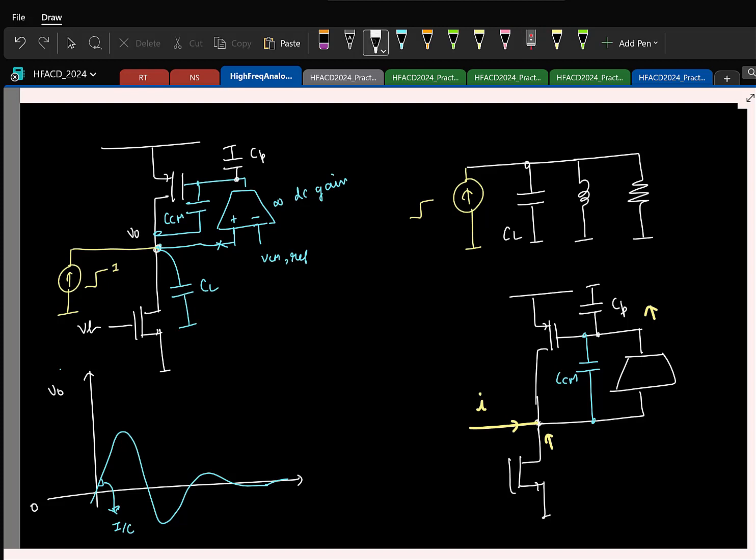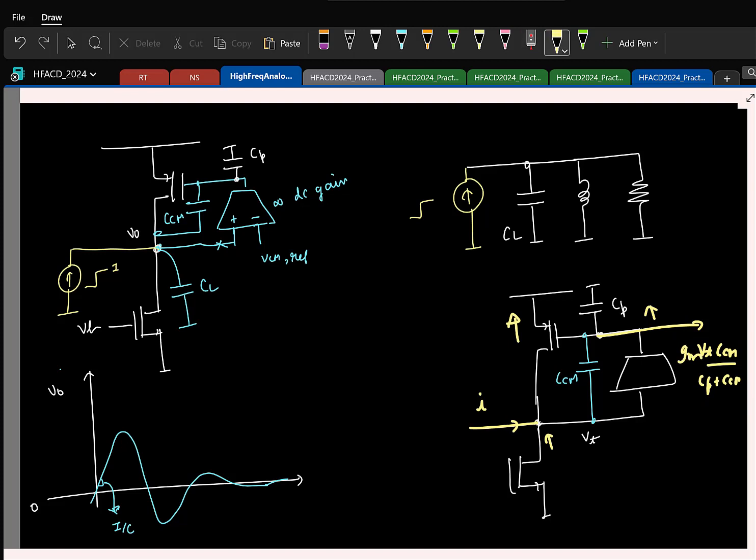In fact, if you find the resistance here, let us say this is some V test, what can you say about this voltage? V test times a capacitive division, CCM by Cp plus CCM. So what will be the incremental current? The gate voltage is this, Gm times that voltage. So that is the incremental current, the real part of the current.